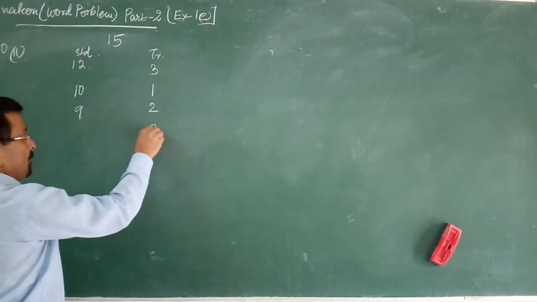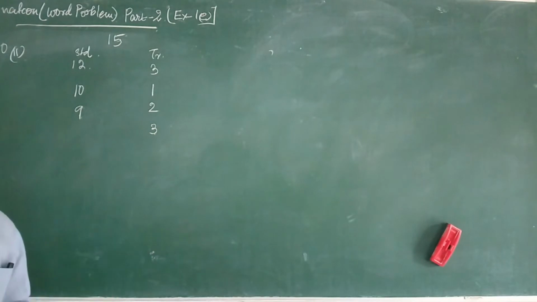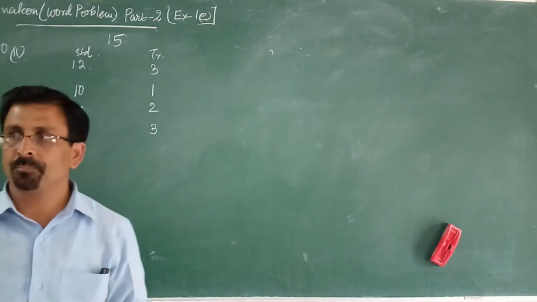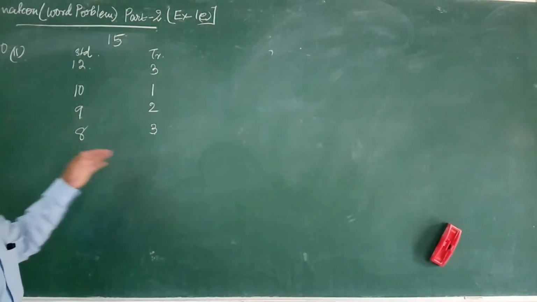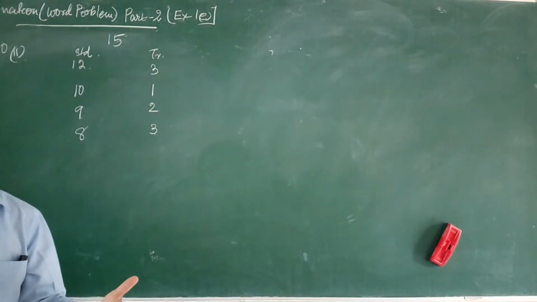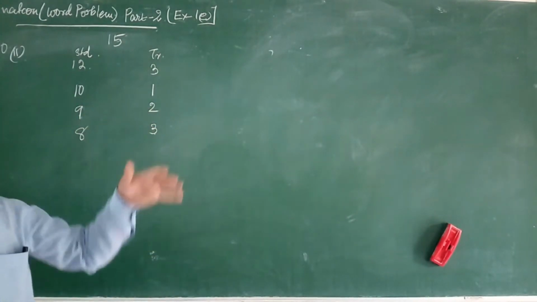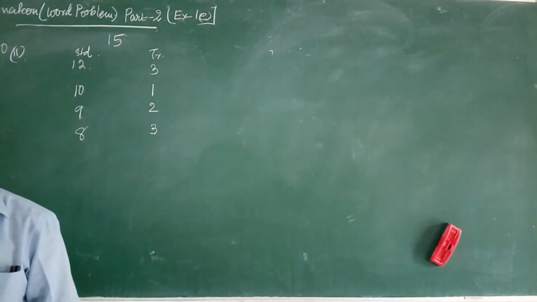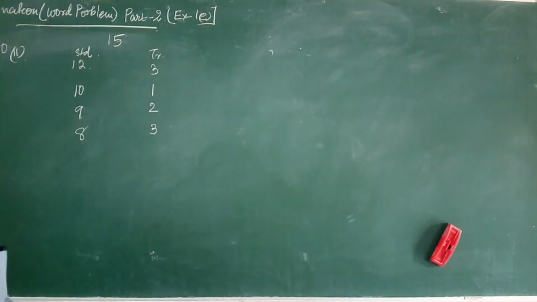And if all 3 teachers play, because the condition is at least one has to play, that means more than one also can play, then we will have 8 students. So these are the 3 conditions under which the team can be selected. So from here we can find out the number of ways. Is this very clear? Yes.